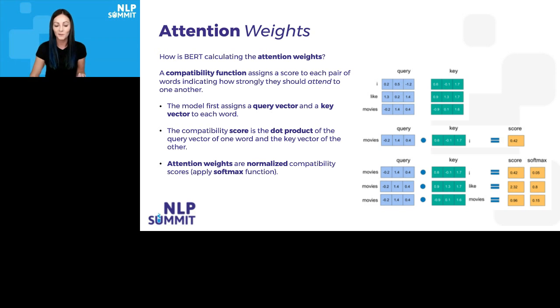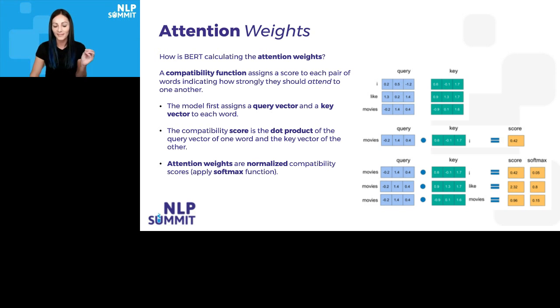And to do that, it creates 2 more vectors, a query vector and a key vector, which gets assigned to each word. And those are really linear transformations. And then the compatibility score is the dot product of the query vector of one word and the key vector of the other.